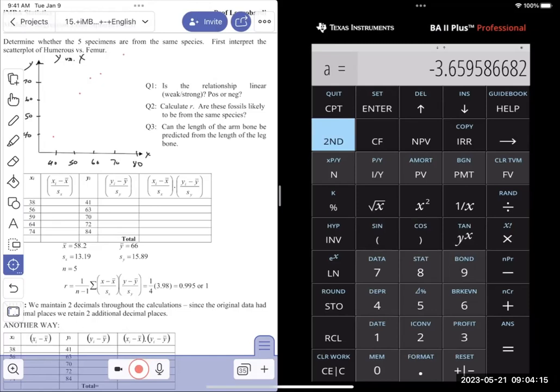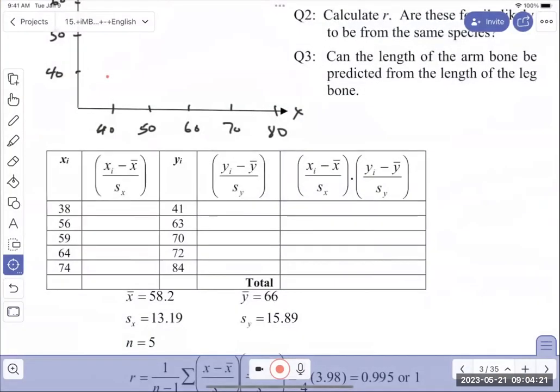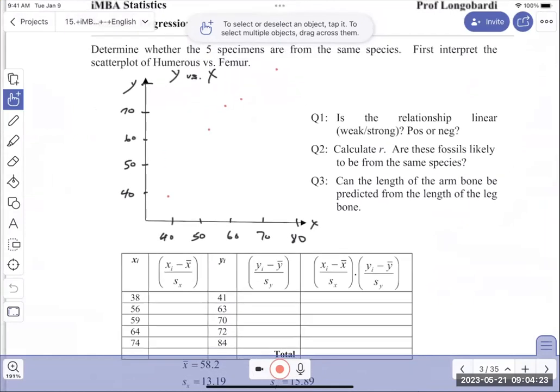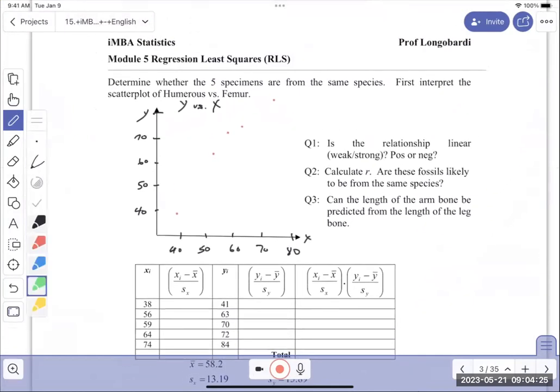So I just made a little sketch, and the sketch that I made, first of all, it's not to scale. Second of all, I started at 40. So what I imagined that I did here is I'm really off of the axis.